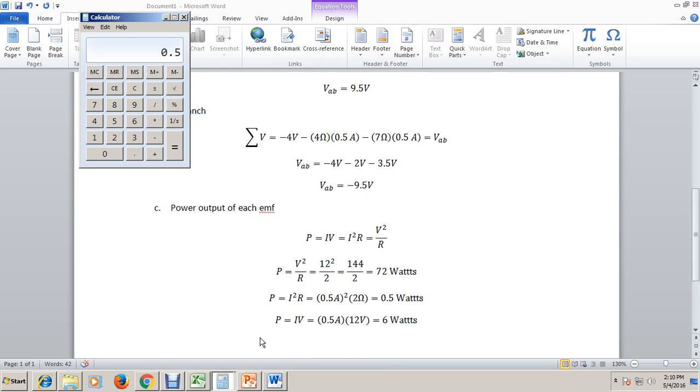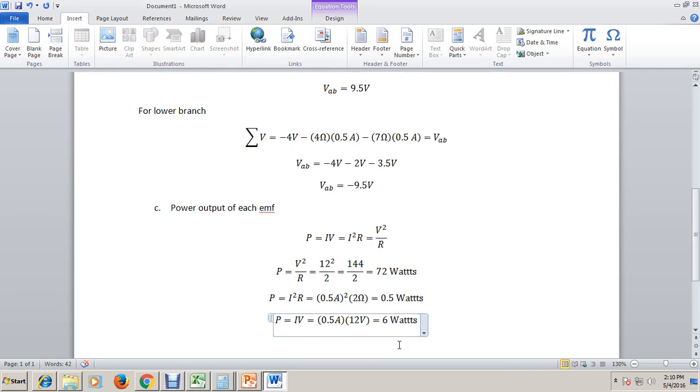So you have 0.5 amperes, 0.5 times 0.5, then times 2, you have 0.5 watts. As for P is equal to I times V, this becomes 0.5 times the voltage across the 2 ohm resistor.